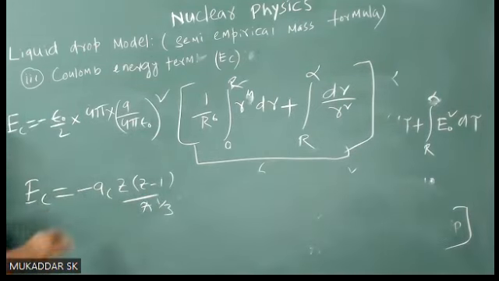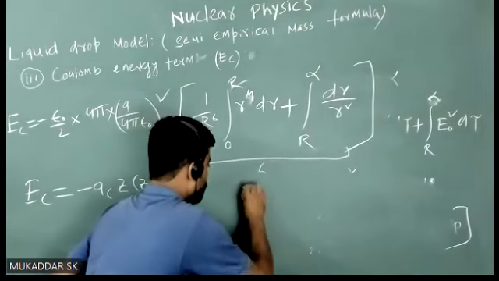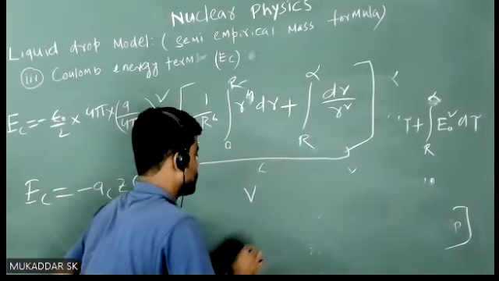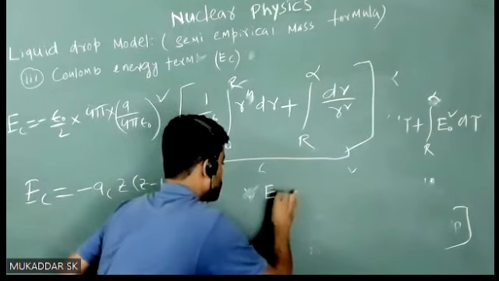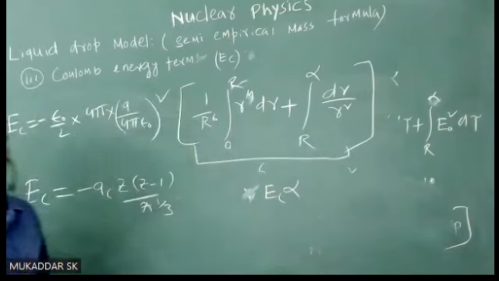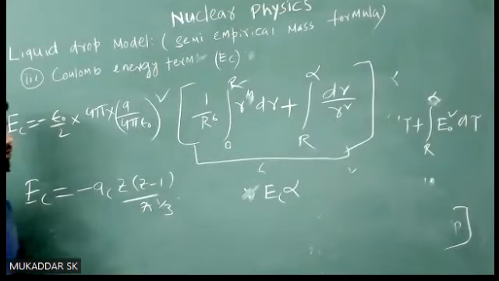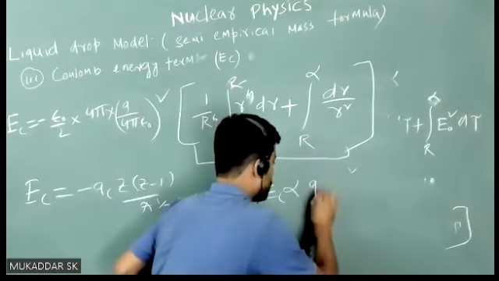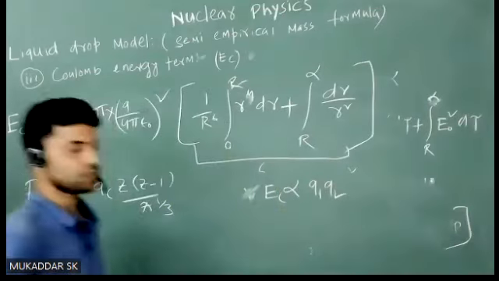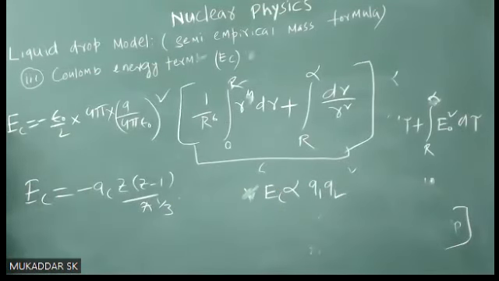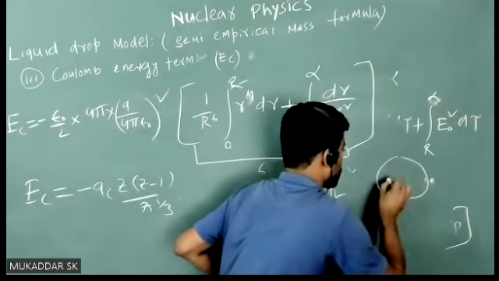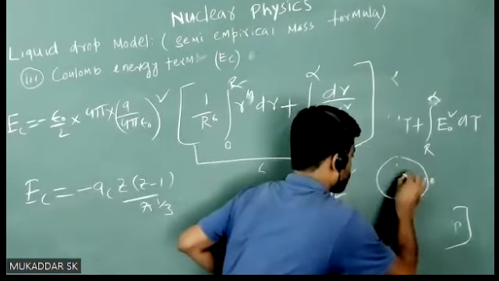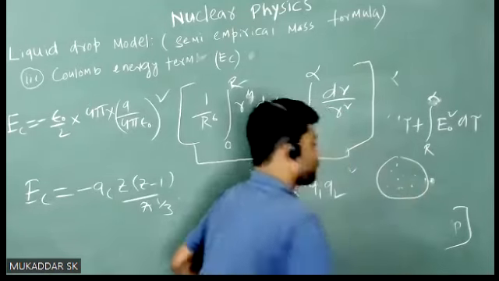Okay, so the concept behind this is: you know that Coulomb or electrostatic energy is proportional to Q1 into Q2. Now suppose you have a nucleus with Z number of protons.